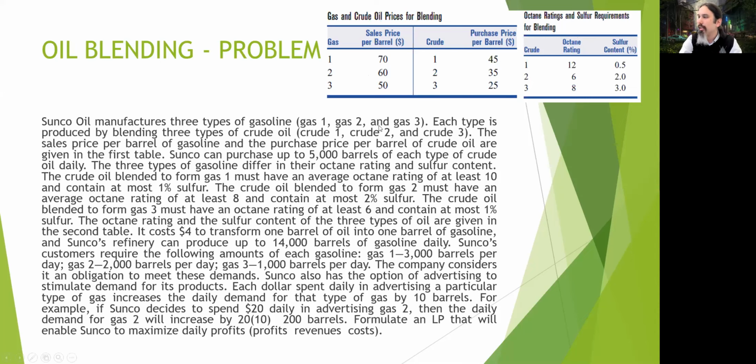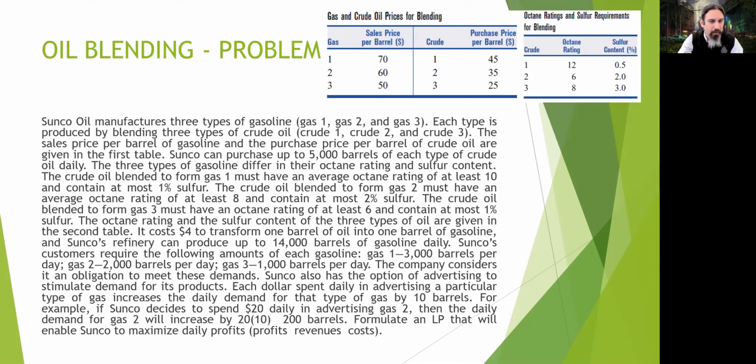Each type is produced by blending 3 types of crude oil, crude 1, crude 2, crude 3. The sales price per barrel of gasoline and the purchase price per barrel of crude oil are given in the first table over here. Sanco can purchase up to 5,000 barrels of each type of crude oil daily. So we have a limit of how much oil we can buy, 5,000 at most.